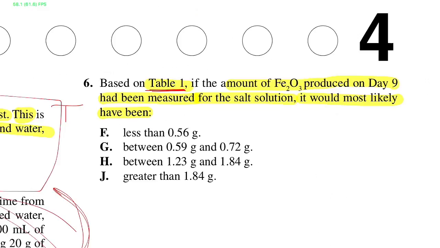I want to look for day 9. I want to look for the salt solution, and I want to see how much rust would have been produced on that day. So I'm going to go to table 1, find day 9, find salt solution, find rust produced, and then answer this question.